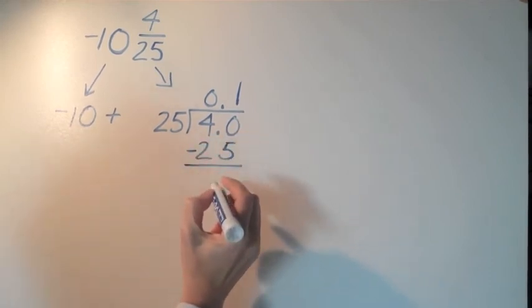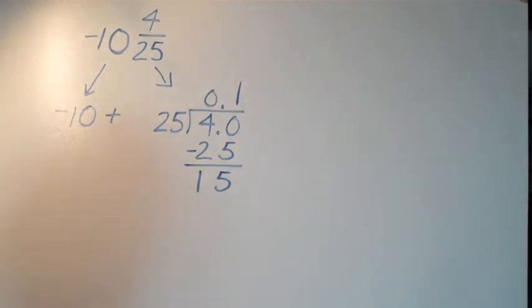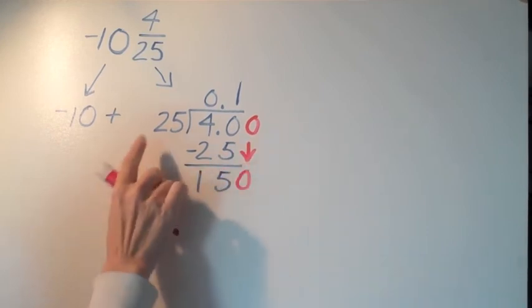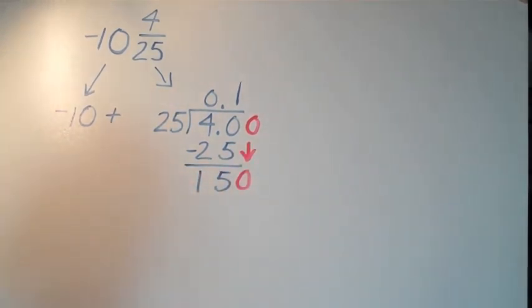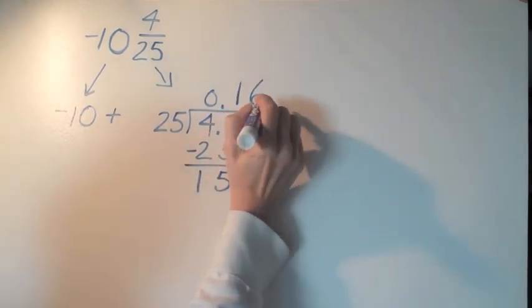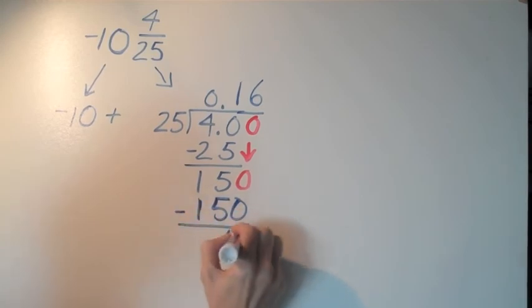Then you do the subtraction, you get 15, and then you simply add the 0, bring that down, and 25 into 150 goes 6 times, because 6 times 25 is 150. So this is pretty simple.